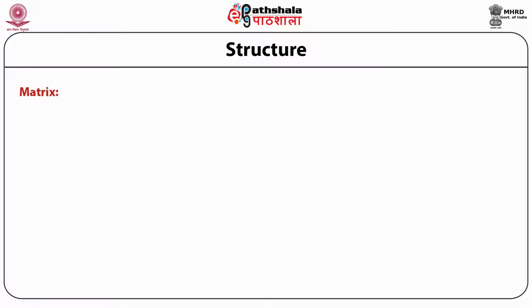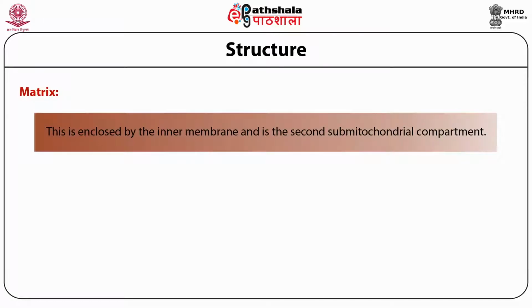The matrix. This is enclosed by the inner membrane and is the second submitochondrial compartment. It contains the mitochondrial genome and all the machinery for DNA replication, transcription, and protein synthesis, including the ribosomes.